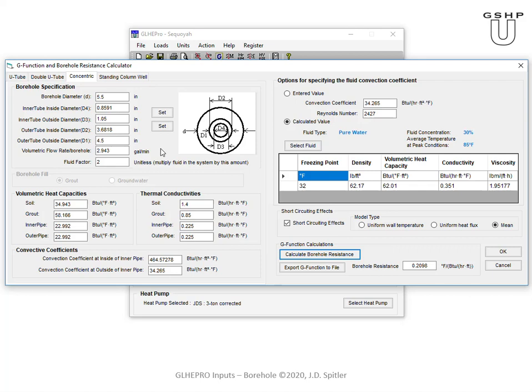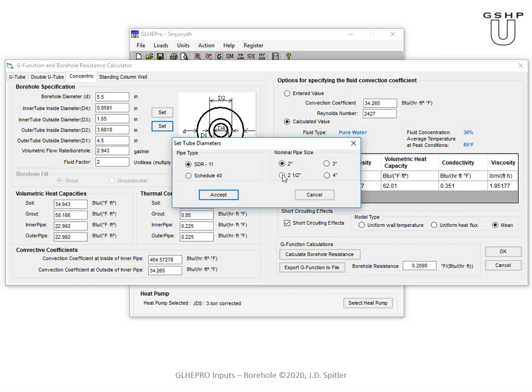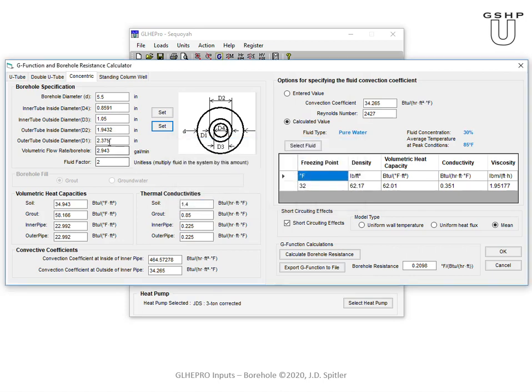All right, so we could try changing the outer pipe to make it smaller. Let's see if we say 2 inches. Yeah. So now we're going to have a much smaller annulus between the two pipes, but we have a larger grout region. Let's do that and see what it does to both the resistance and the convection coefficients.